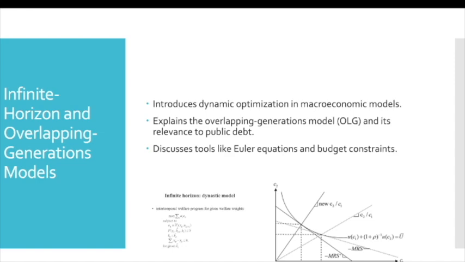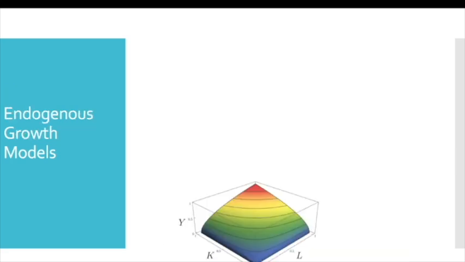We encounter tools like the Euler equations, which sound intimidating, but they are super useful. You just need to really get the hang of them. I guess once you're over the hurdle, it will start making sense. Yeah, highlighting its implications for intergenerational policy decisions.